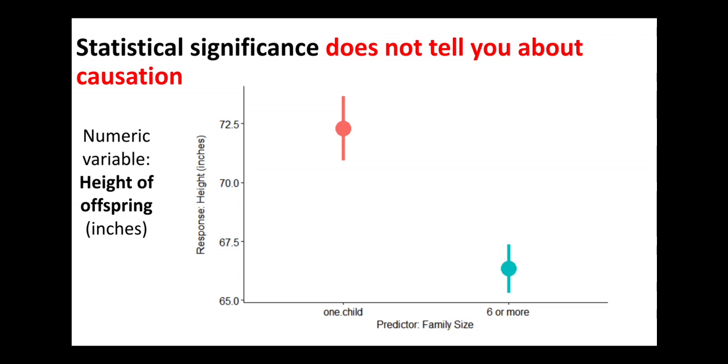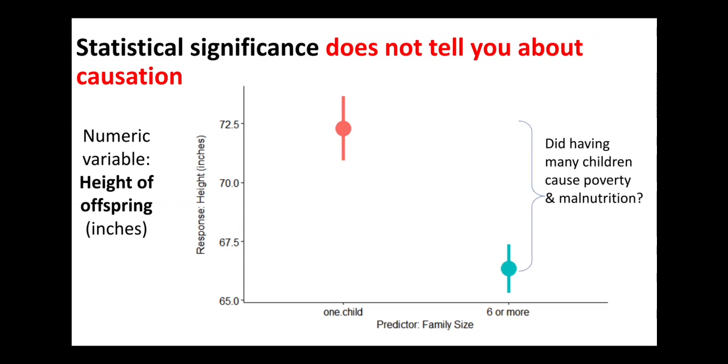That doesn't seem very realistic, but we don't actually know what's causing this. So significance doesn't tell you that family size is exactly what's causing it. Maybe it's workload. Maybe it's exposure to parasites. If you're in a larger family, you're more likely to be in a rural environment, which means you're more likely to be exposed to parasites from animals. We don't know what's causing this difference, or whether, if we were to repeat the study, the difference would occur.